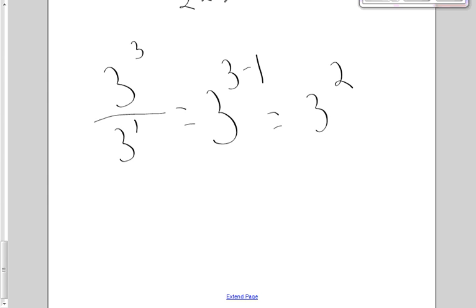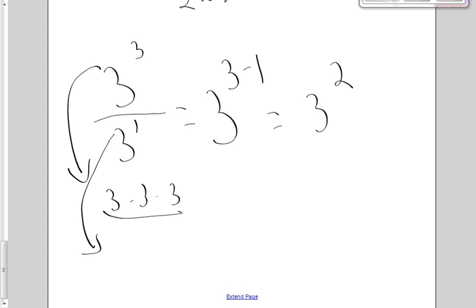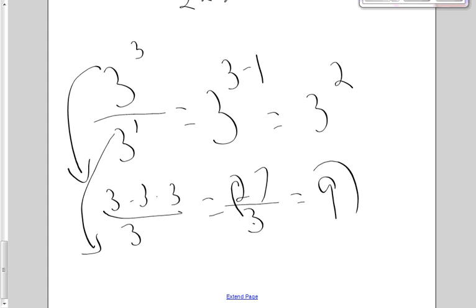Well, let's check it out. 3 to the third is 3 times 3 times 3. And 3 to the 1 is 3. Well, this will end up giving me 27, and this will end up giving me 3. Hey, 3 goes into 27 9 times, and isn't 3 squared just another way of saying 9?